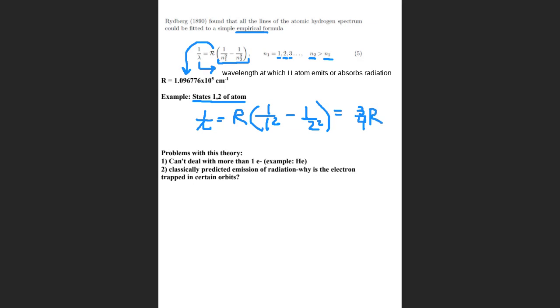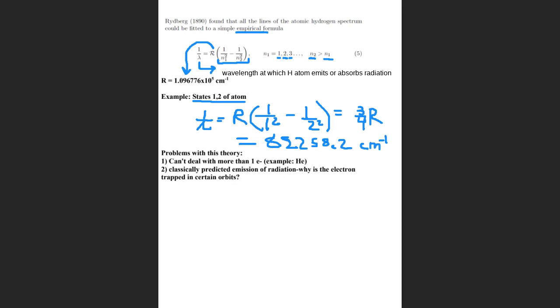And you get this number, 3/4 R. And hopefully you also get, like me, 82258.2 centimeters to the -1.